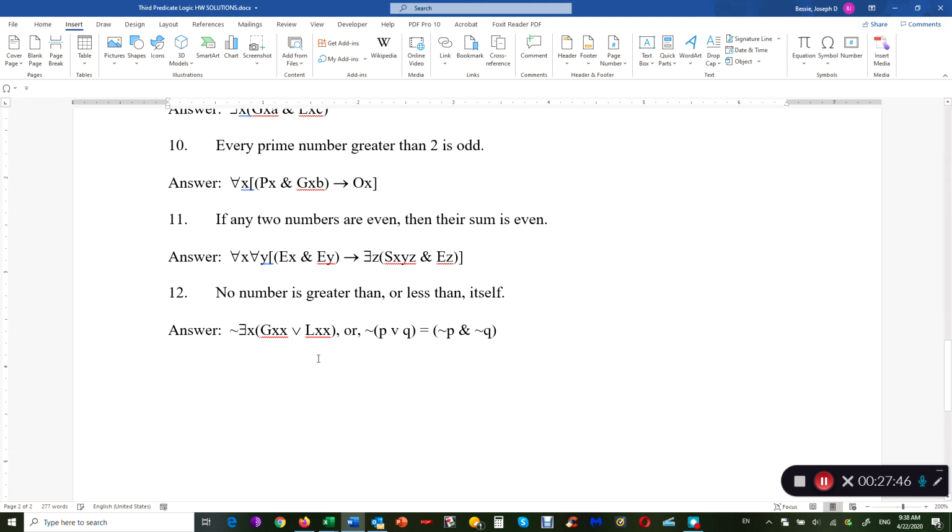If you bring that negation in, we're going to get a universal quantifier here. And again, I will talk about that. For all x, not Gxx and not Lxx. If there does not exist an x such that x is either less than or greater than itself, that's the same as saying for any number you pick, it's both not greater than itself and not less than itself, which is how you would do that.